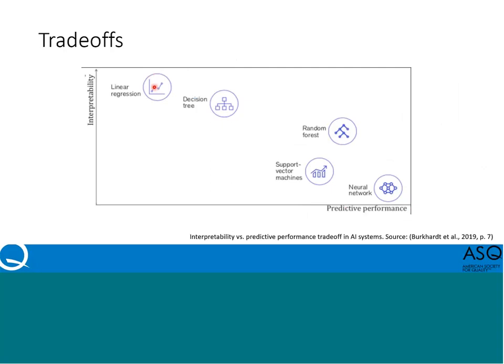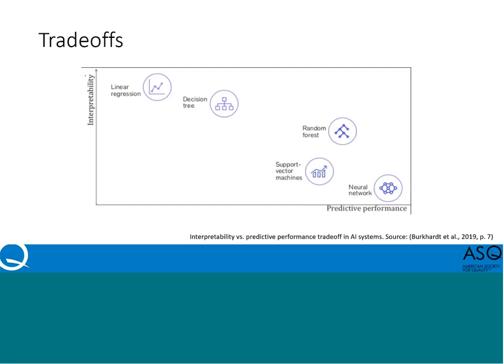So in terms of this interpretability and predictive performance, there's a trade-off where linear regression models are very interpretable, assuming that the data underneath is uncorrelated. Decision trees are somewhat interpretable, but sometimes they get better performance accuracy. Then as you go down, random forests, less interpretable, better performance, and then neural networks. I'm not going to cover support vector machines.